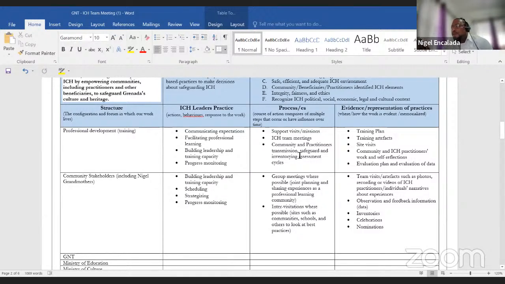It doesn't have to be the project process that's going on now. You can create your own process. You might already have your own process, like if you're Spice Mass or the Sailing Association, right? And then what evidence would you propose, no?